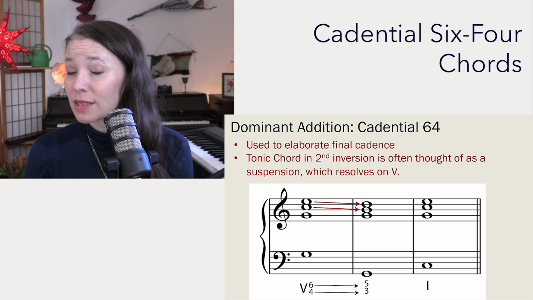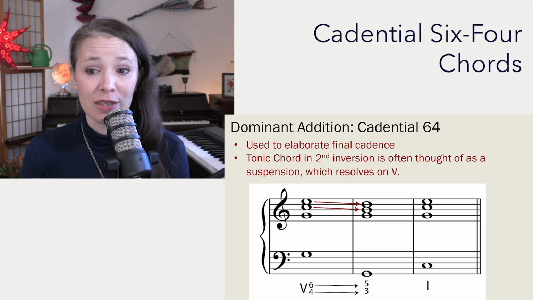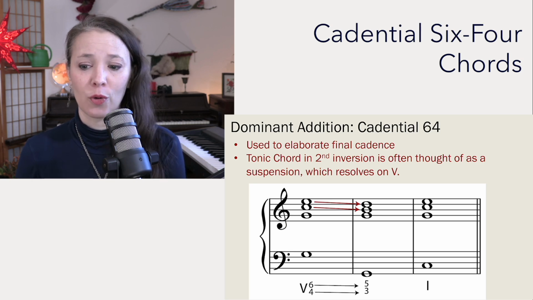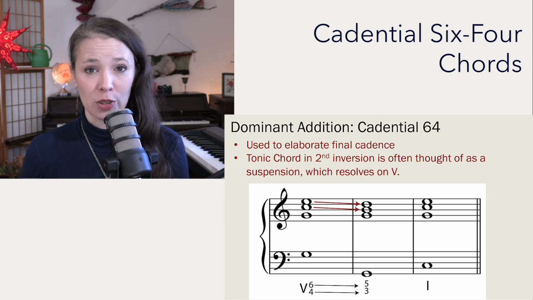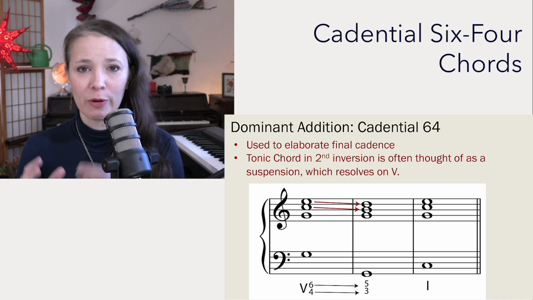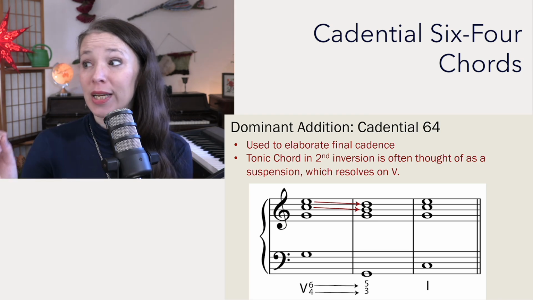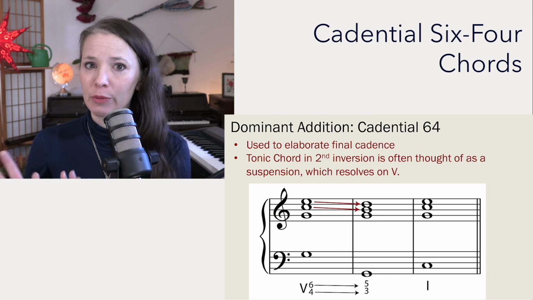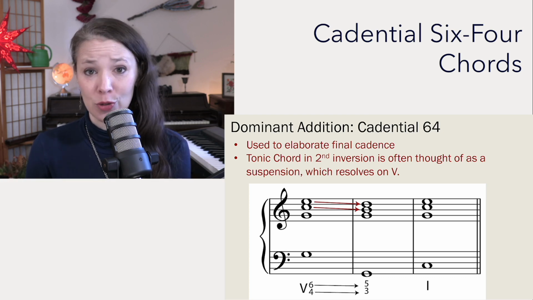So we have passing 6/4, we have pedal 6/4, we have arpeggiated 6/4, and the one that is used the most often is a cadential 6/4. And we treat this as part of the dominant function in the progression. So when we have our opening and then we have our predominant and then we get to the dominant section, we can either have just a 5 or a 7 diminished 6 in rare cases, or we can have the cadential 6/4 to the 5 chord.